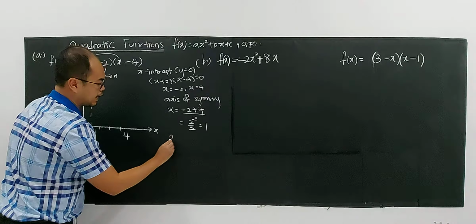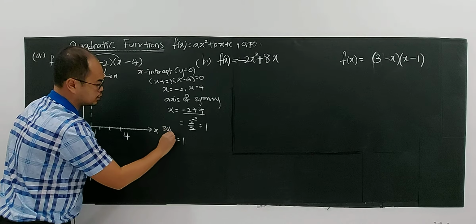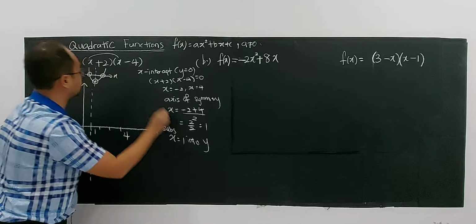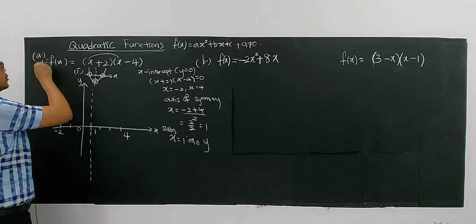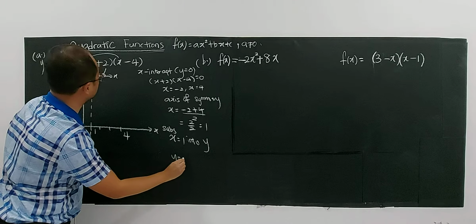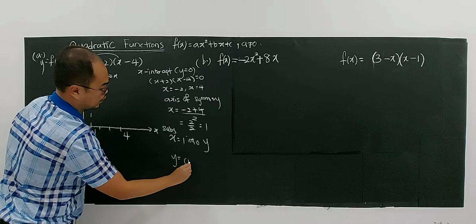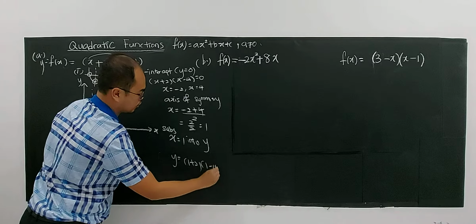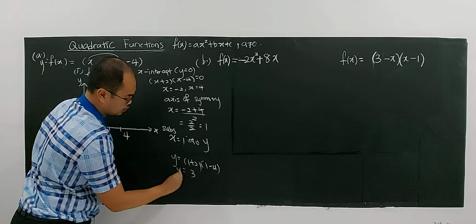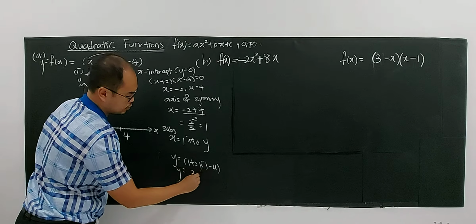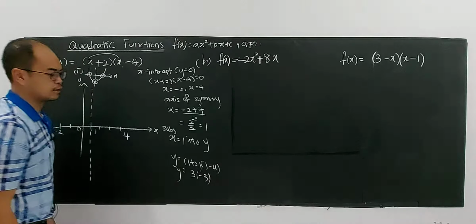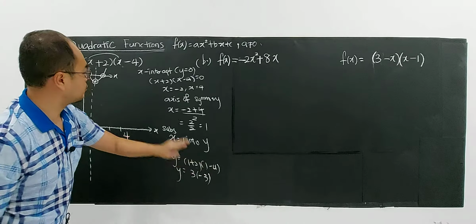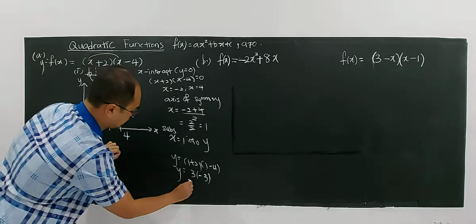You substitute x equals 1 into y. So y equals 1 plus 2, and 1 minus 4. You have 3 and -3, so you have -9.